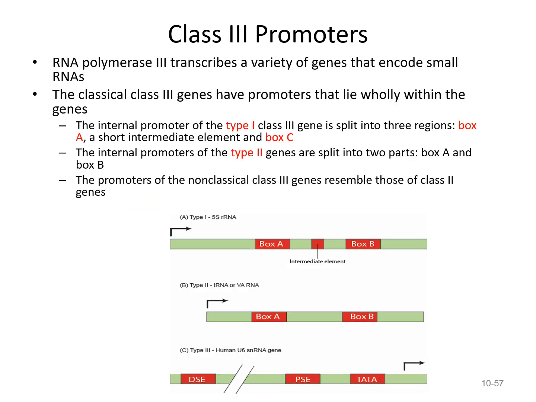And the class 3 promoter. The classical RNA polymerase 3 promoters are type 1 and type 2, which have promoters lying wholly within the genes. Both type 1 and type 2 genes include a variety of RNA genes, such as transfer RNA, the 5S RNA subunit of the ribosome, and the adenovirus VA RNA gene.